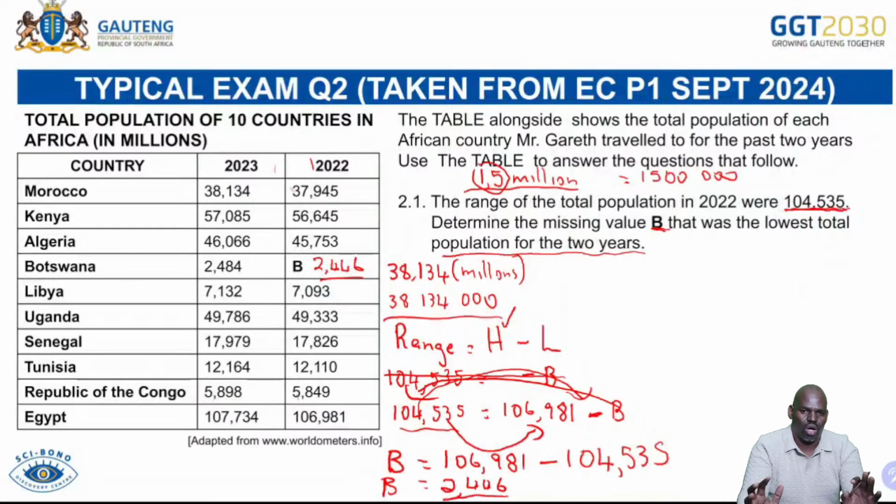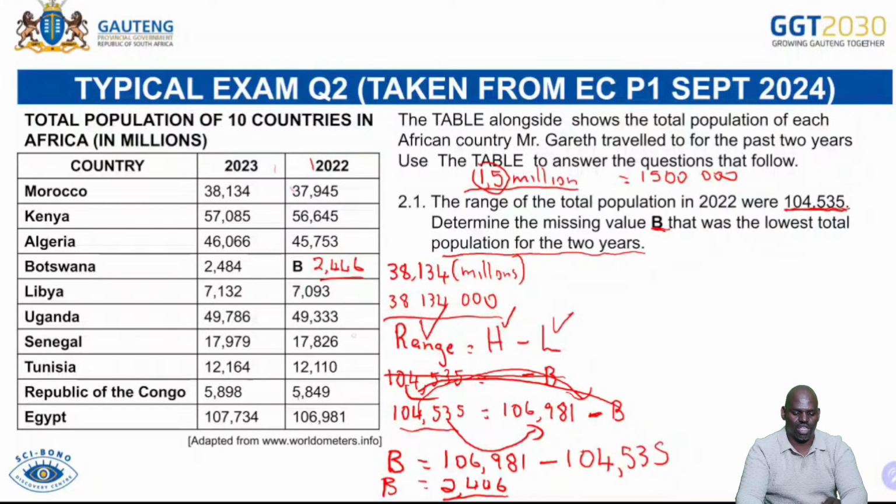Okay, so you see this type of question is also possible. It is not one of those straightforward ones. In this formula, the examiner can give you the value of the range. He or she can also give you the lowest value, and then ask you to find the highest value.